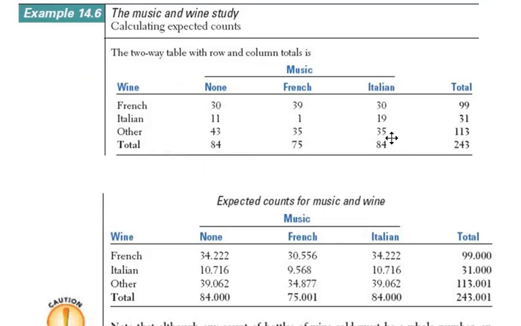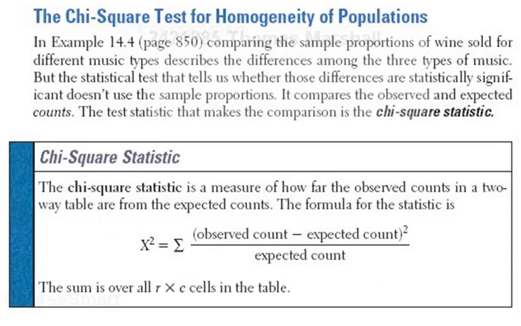So I now have the set of observed counts, which is in this case the bottles of wine sold when each type of music is playing, and a corresponding table of expected values, which is how many of each type of wine I would have expected to sell for each type of music if it made no difference what music was playing.